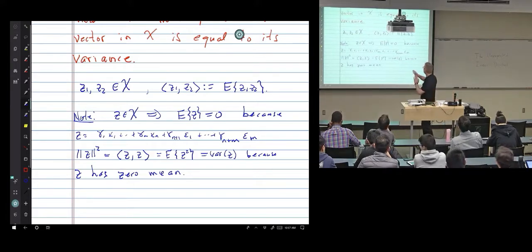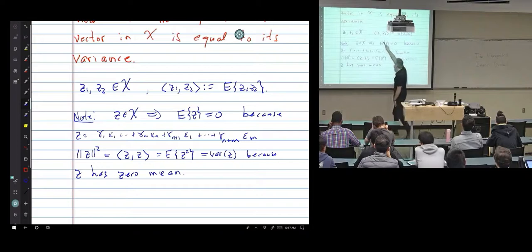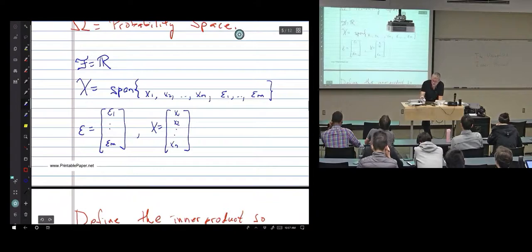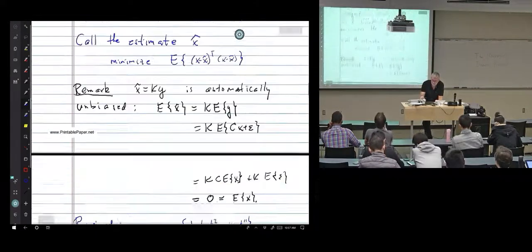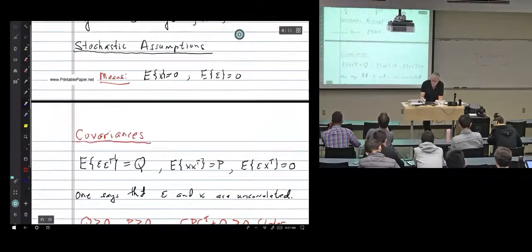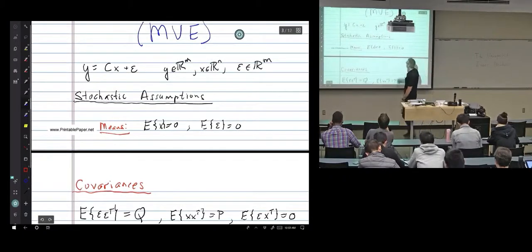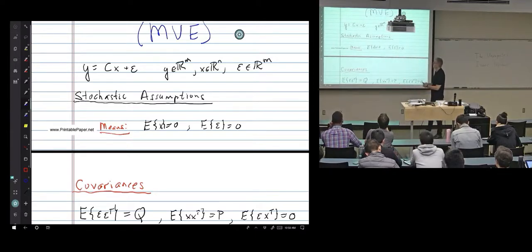Okay, so to calculate the inner product of two random variables, we looked at their correlation, okay? So our vector space consists of all of the random variables that we have in the problem. Let's go back and look at the problem. The stochastic assumptions are on X and epsilon. The 0 mean means when I put all the components of X and epsilon, they all have 0 mean.